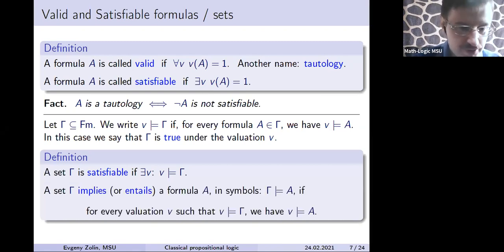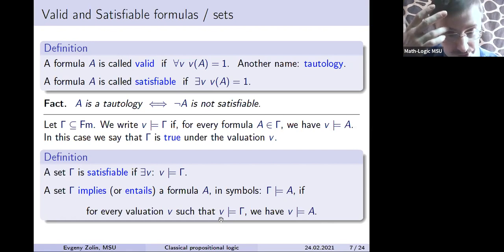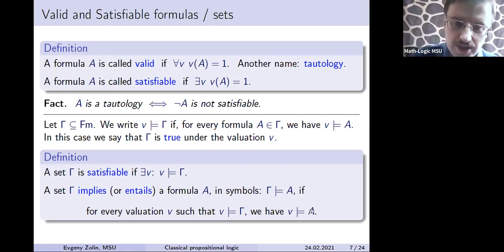And another important notion is that this set of formulas implies, or sometimes it is called entails, a formula A. So from gamma, formula A logically follows. In other words, A is a logical consequence of gamma. This means that for every valuation such that gamma is true in this valuation, A is true.